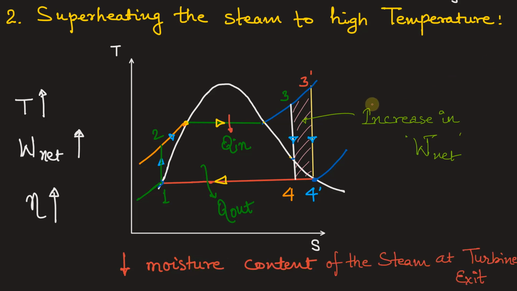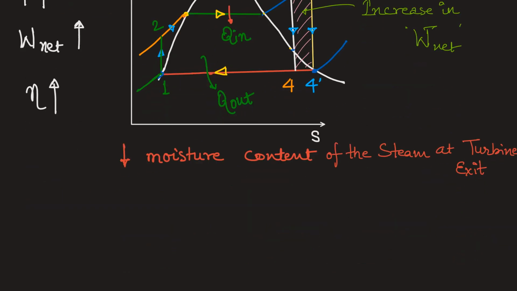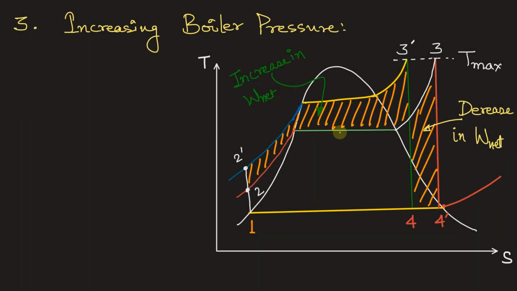Another method to increase the thermal efficiency of the ideal Rankine cycle is increasing the boiler pressure. Let's see how it works. Increasing the operating pressure of the boiler automatically raises the temperature at which boiling takes place.